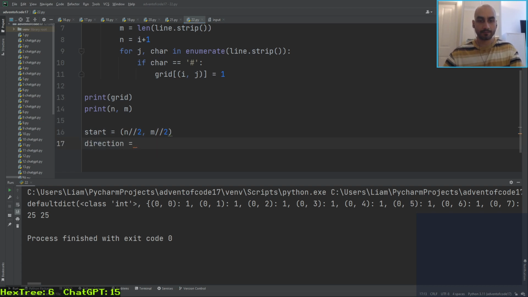Direction equals, what was it? It's in the middle of the map facing up. Up is basically going to be minus 1, decreasing the row, 0. The column will not change.